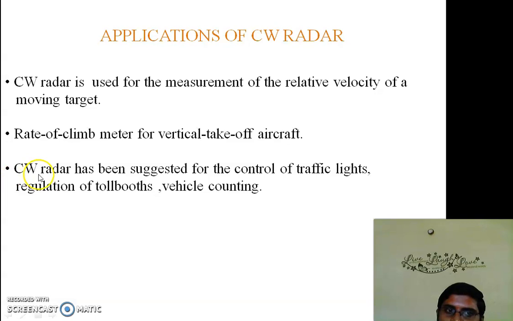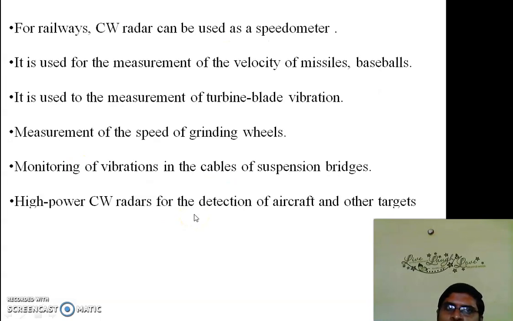Next, CW radar has been suggested for the control of traffic lights. We use CW radar for controlling traffic lights, regulation of toll booths, and vehicle counting. Next, for railways we also use CW radar as a speedometer for measuring the speed of trains. It is used for measurement of the velocity of missiles and baseballs.